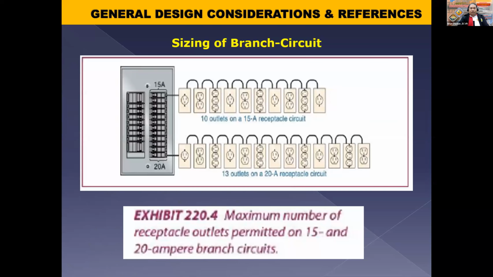Okay? And then for limitation in the branch circuit, meron tayong limitation: sa 15 amperes dapat hanggang 10 outlets lang siya. Ang limit niya, it may be a combination of 1 gang, 2 gang or 3 gang, or 1 receptacle to receptacle per outlet, okay?